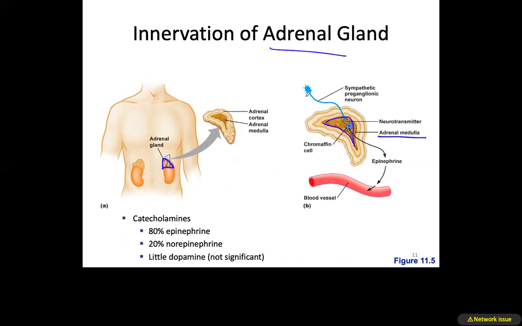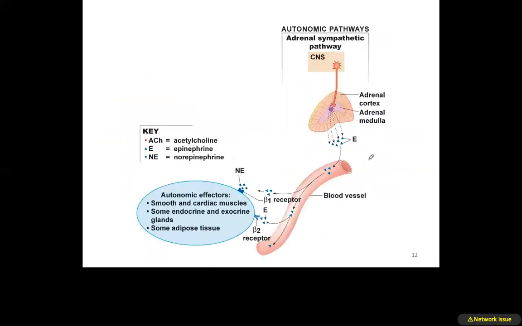It has neurons that are coming into it. These are the sympathetic neurons, or presynaptic neurons, associated with the sympathetic branch. When they get to the adrenal medulla, they cause the release of epinephrine into your blood vessels. Epinephrine can again go and target its tissues.